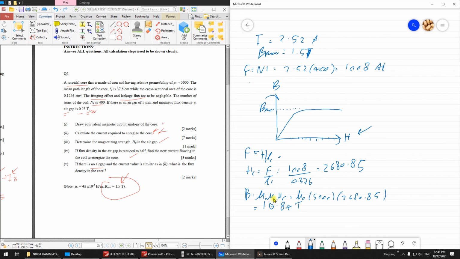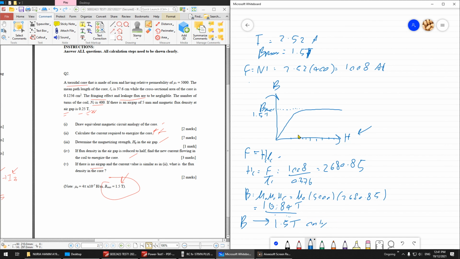You can see here B max is actually 1.5 Tesla only. So what is the flux density of the core? It should not be more than 1.5. So basically B is just equal to 1.5 Tesla only.